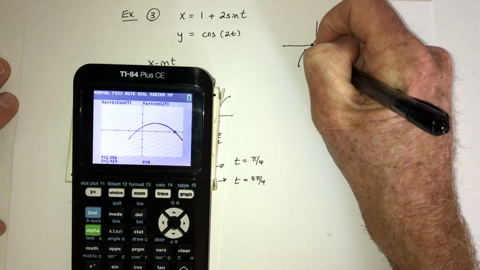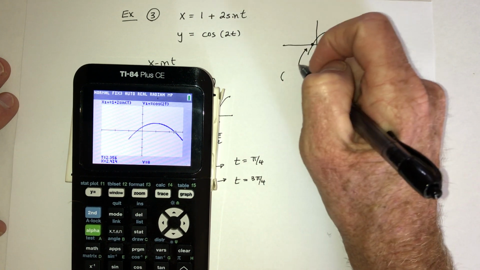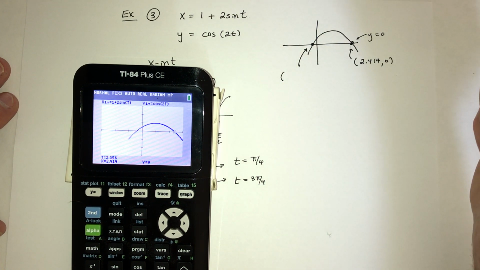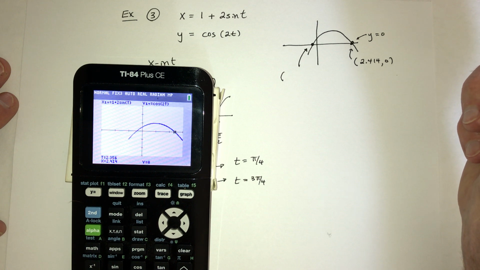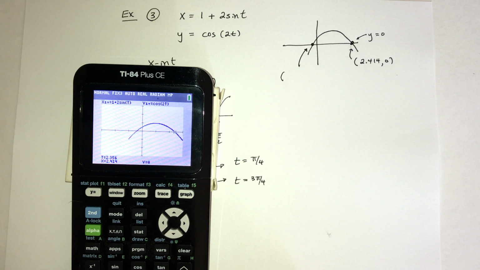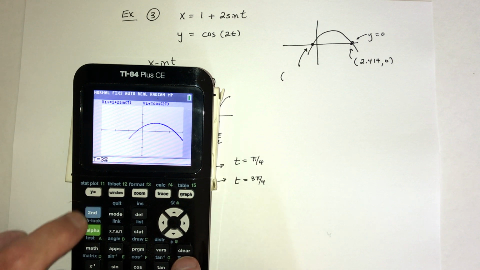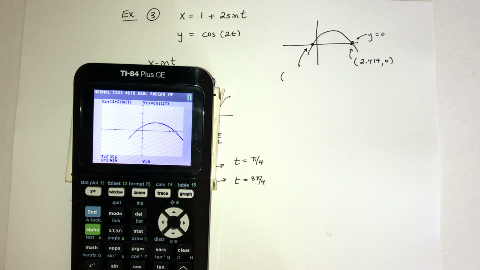So then this point right here is x equals, hey, that's the same point. Let me test again. Pi divided by 4, that's that one. 3 pi divided by 4, that's the same point.